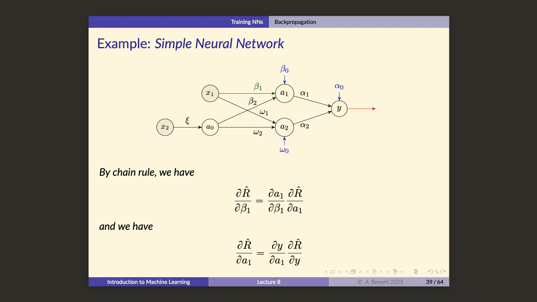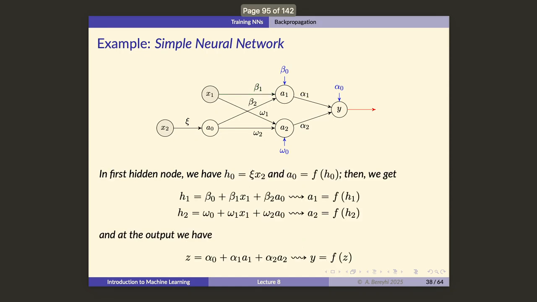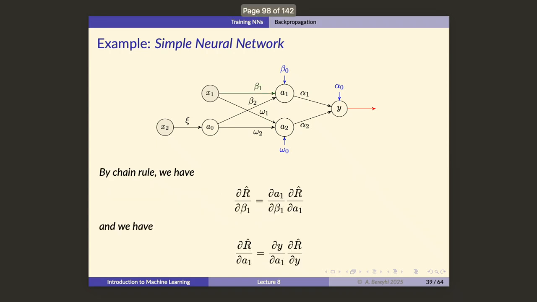Can you compute the derivative of y with respect to A1? You can do it again. Look at this expression here. Y is a function of z, right? And z is a linear function of A1, right? So you can again use a chain rule to compute that gradient, correct? So that first derivative, of y with respect to A1, you can do it.